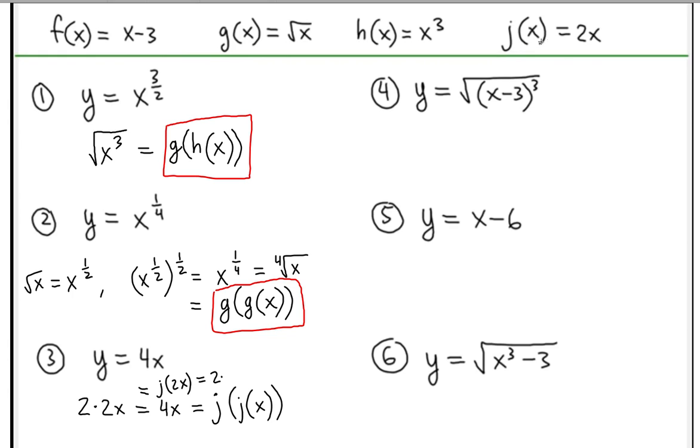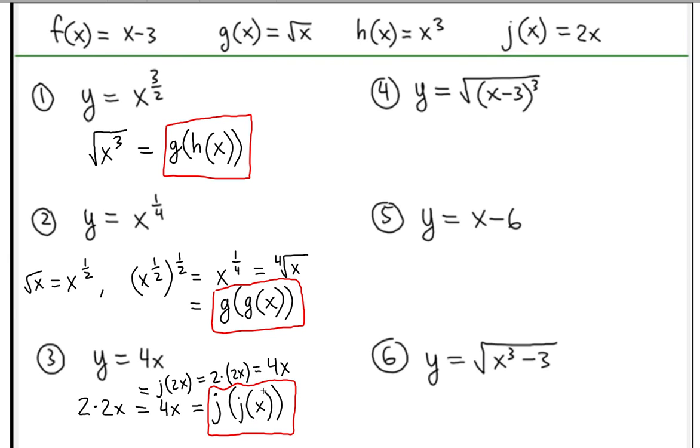Right, so the 2x replaces the x. Right, so that means 2 must be multiplied not just to the x, but the 2x as well, right? So 2 times 2x is giving you exactly 4x. That's why j of j of x, putting the function as an input to itself works, just like it worked for the GG. Okay, so that's for question 3.